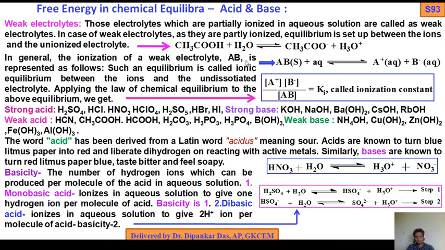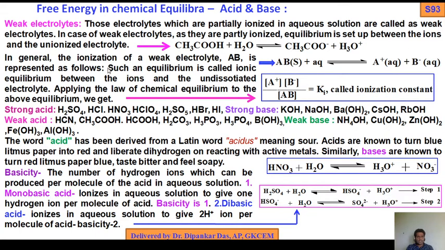such as AB in solid plus aqueous gives, in solution, A+ and B-. What will happen? Equilibrium constant, we know from chemical equilibrium, is product of molar concentrations divided by reactant molar concentration: molar concentration of A times molar concentration of B divided by AB, that is called K. Here Ki means ionization constant.